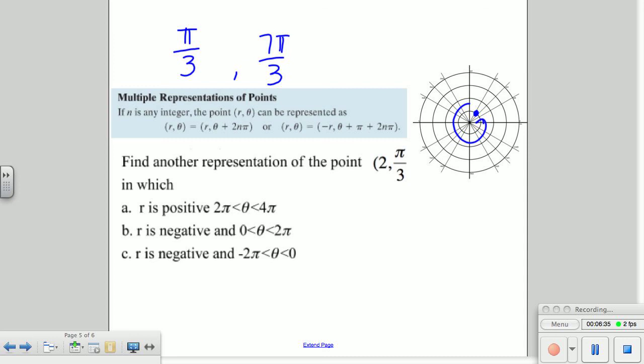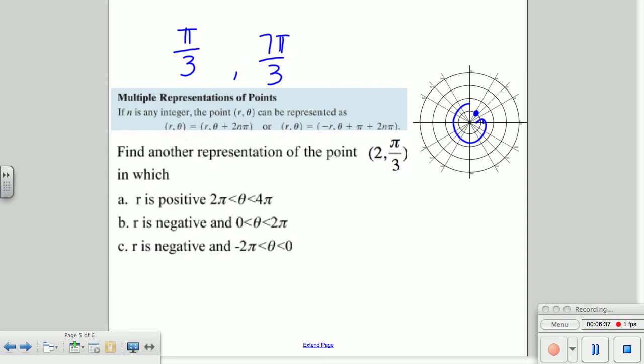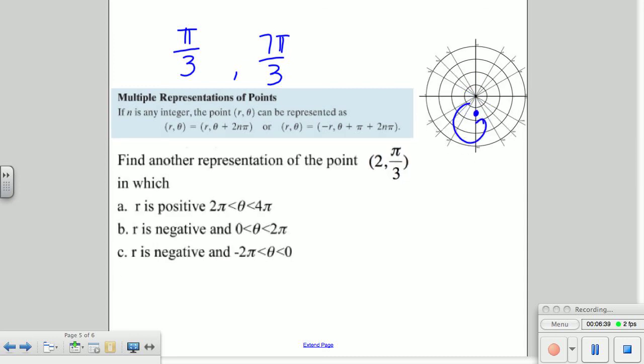Let's look at an example. I want to find another way to represent the point 2, 2 pi over 3. The first way is that I want it to stay a positive radius. So that's just the idea we were talking about, where I take my angle and add 2 pi more. All you have to do to get the next point is add 2 pi to theta.